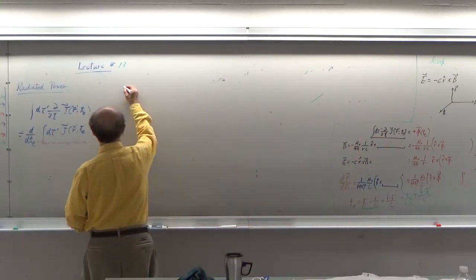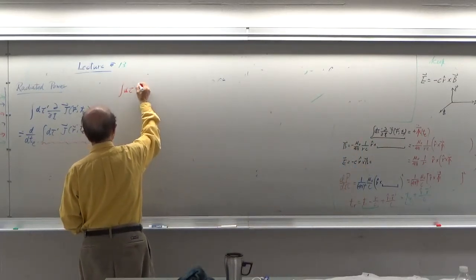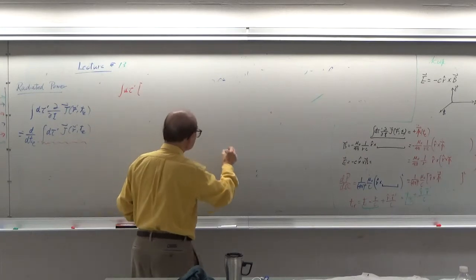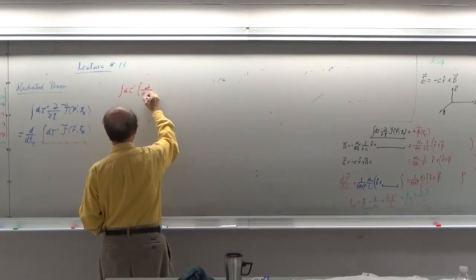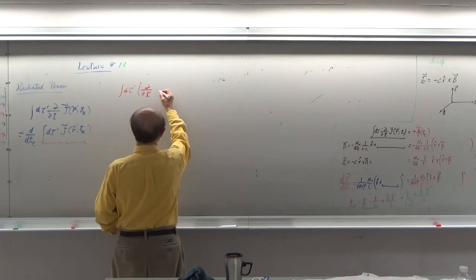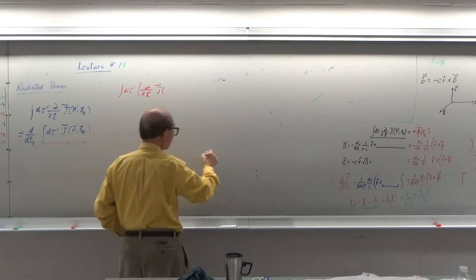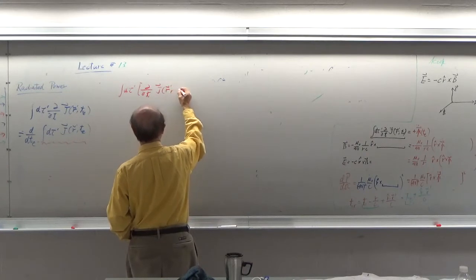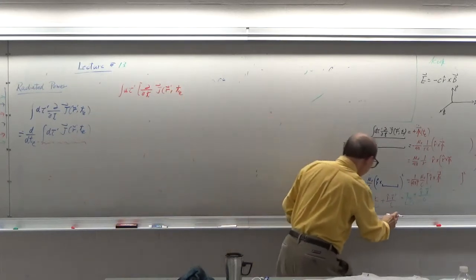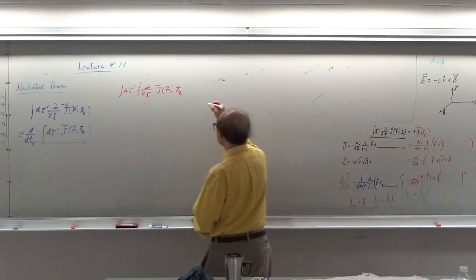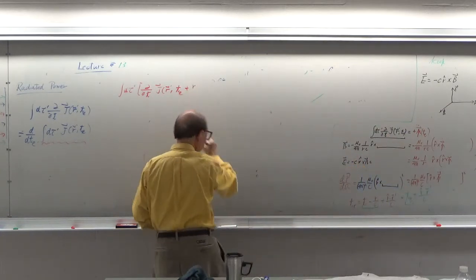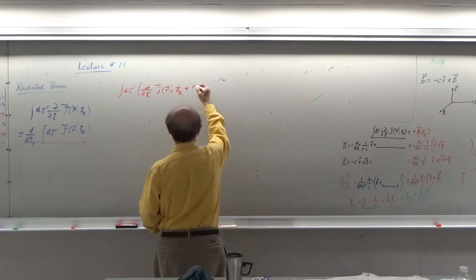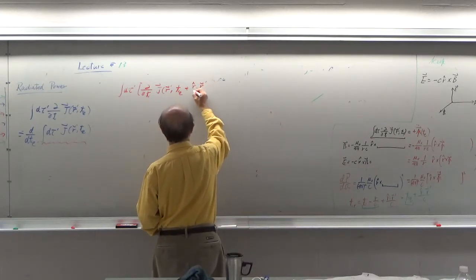I'm interested in the one integral of the time derivative of j at r prime and the retarded time, which is the emission time, plus this bit, plus r hat dot r prime over c.